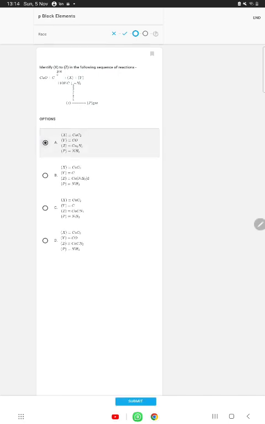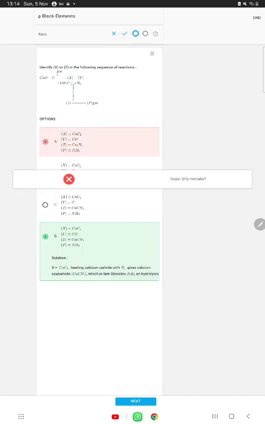So option A is correct. Option D is correct, student.